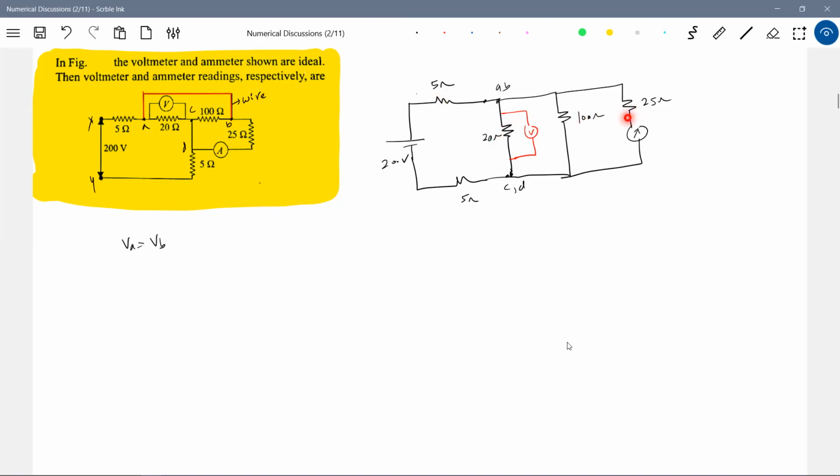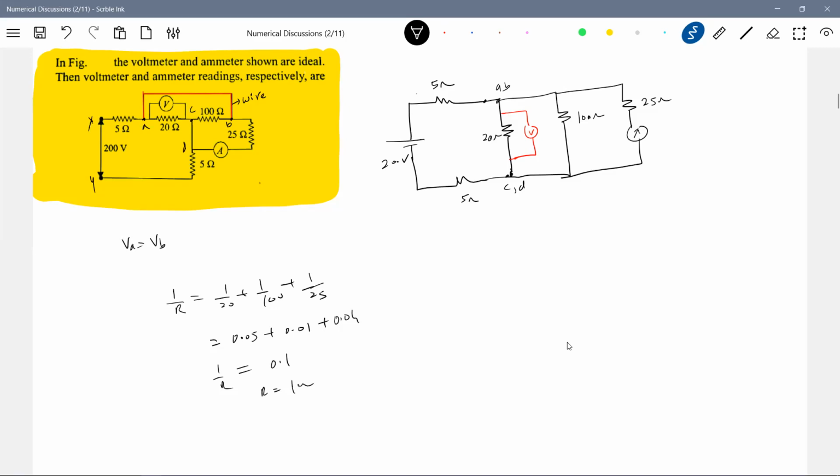First, to get the effective resistance, it will be 1 by 20, 1 by 100, 1 by 25. 1 by 20 will be 0.05, 1 by 100 is 0.01, 1 by 25 is 0.04. Adding these up becomes 0.1. So 1 by R equals 0.1, so R is 10 ohm.